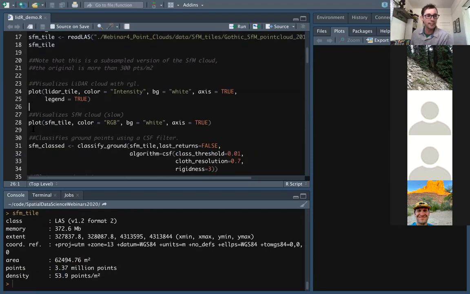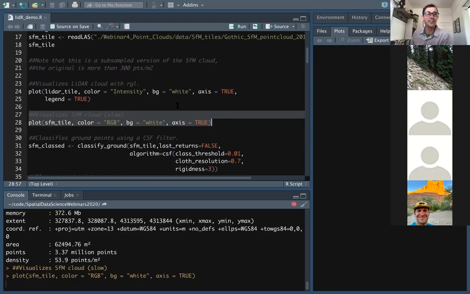All right, let's just visualize some of these. So if we plot those objects, it'll give us a plot, and I think I need to rearrange my screen sharing so that I can show you that.